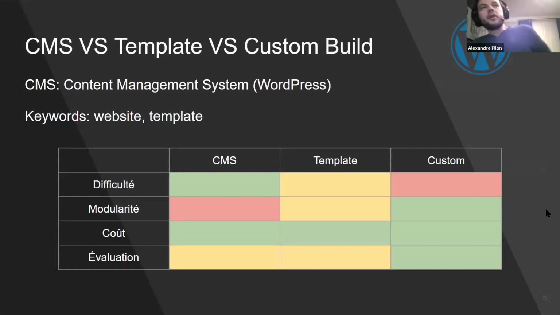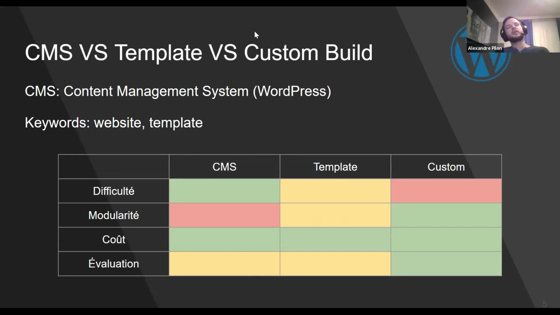Par rapport aux différentes technologies que vous avez à votre disposition lorsque vient le temps de créer un site web, en fait, comme Natacha a dit, il y a les Content Management Systems. Souvent, les gens connaissent un peu plus ce genre de trucs-là comme étant WordPress ou Wix. Dans le fond, ça vous évite beaucoup de la partie codage.